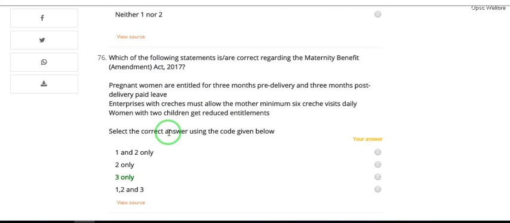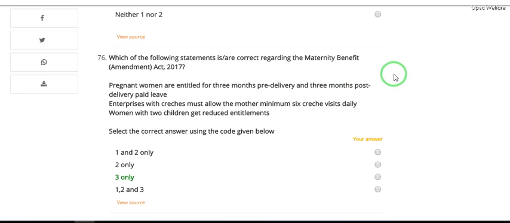Now see 77: which one of the following statements is correct regarding the maternity bill. So the maternity bill, as we know, is 12 to 16 weeks, though I still have some confusion; actually approximately 26 weeks you can have the maternity leave.